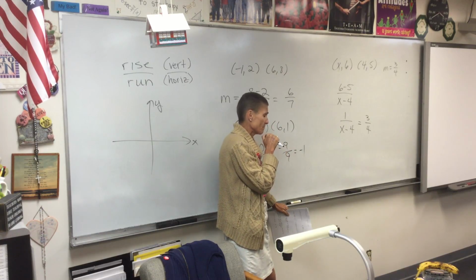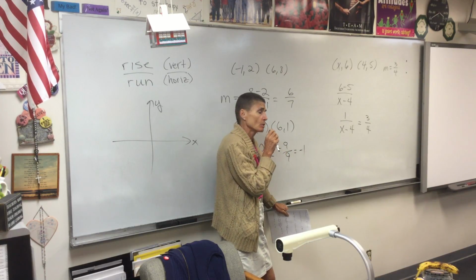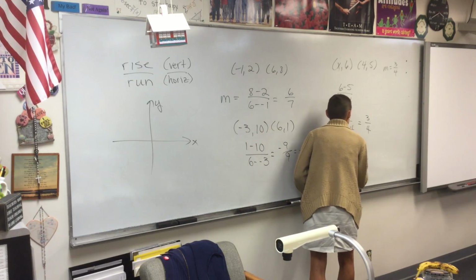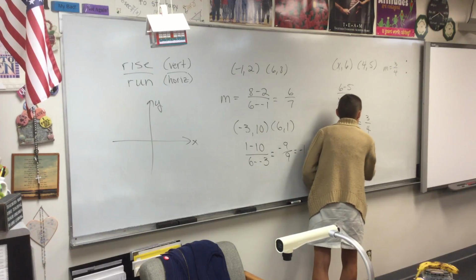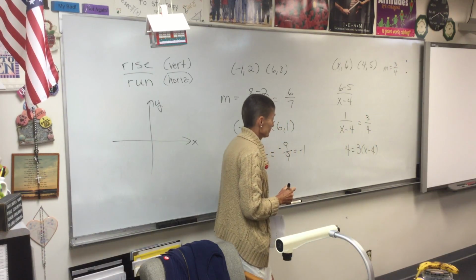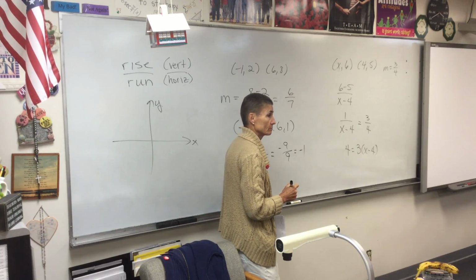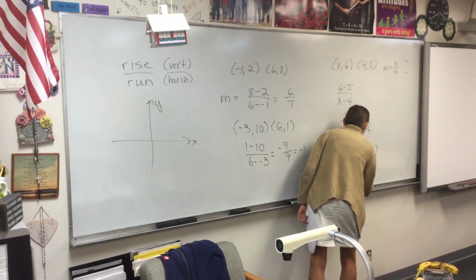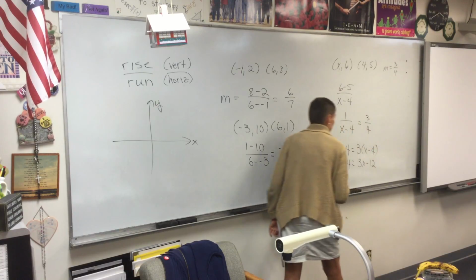Now how do I solve something like that? Cross multiply. So here we go. 4 times 1 equals 3 times x minus 4. So 4 equals 3x minus 12.